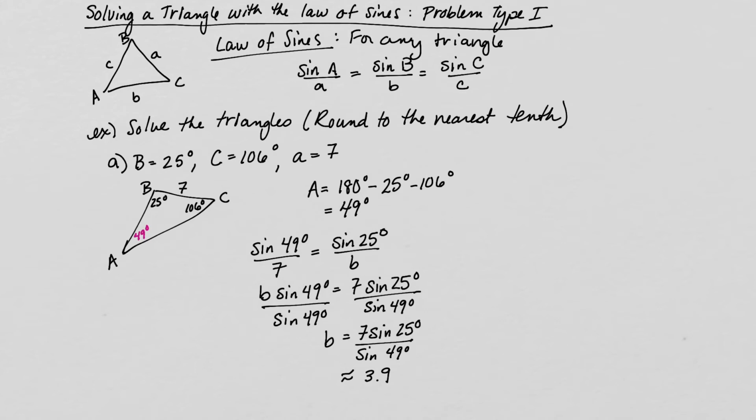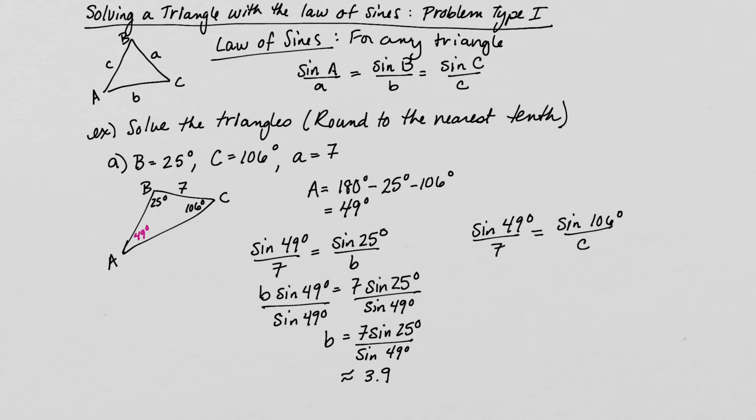And then I can do the same thing to find C. So the sine, again, of 49 degrees over 7 is going to be equal to the sine of 106 degrees over C. I picked the sine of 49 over 7 again because I want to stick with pieces that I haven't rounded. If you tried to use the sine of 25 over the 3.9, we rounded that 3.9, so we want to try to avoid, if at all possible, using it in our calculation.